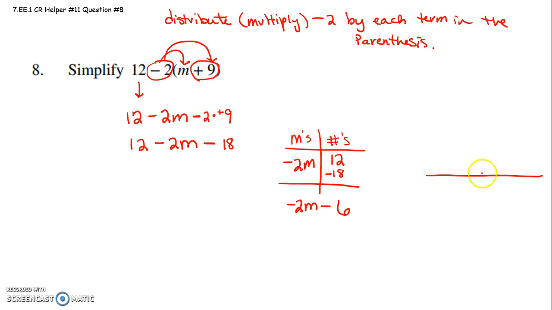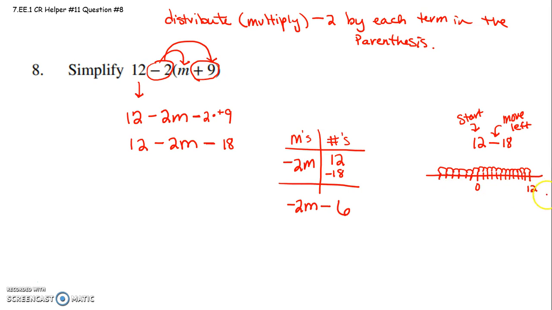If you need to think of that as a number line, 0, 1, 2, 3, 4, 5, 6, 7, 8, 9, 10, 11, 12. 12 minus 18 would mean we'd start at 12 and move left 18 places. So you'd start at 12 and move left 1, 2, 3, 4, 5, 6, 7, 8, 9, 10, 11, 12, 13, 14, 15, 16, 17, 18.